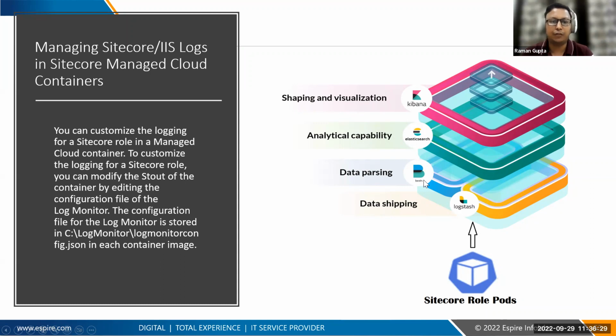If you see this diagram, it illustrates the data flow for the Windows-based Sitecore role containers. First of all, Sitecore and IaaS logs are written to files. Log Monitor will read the log files and export them to the stdout of the running container.